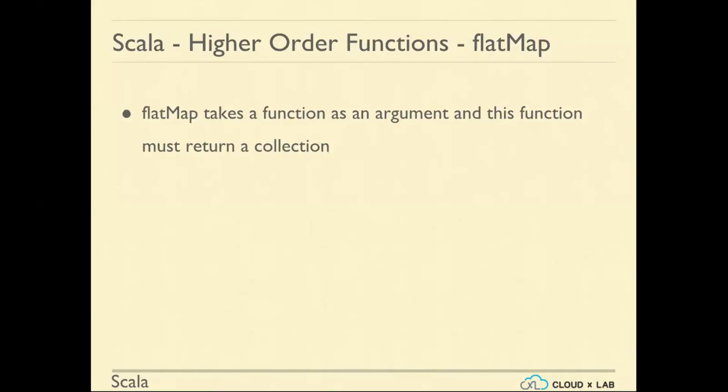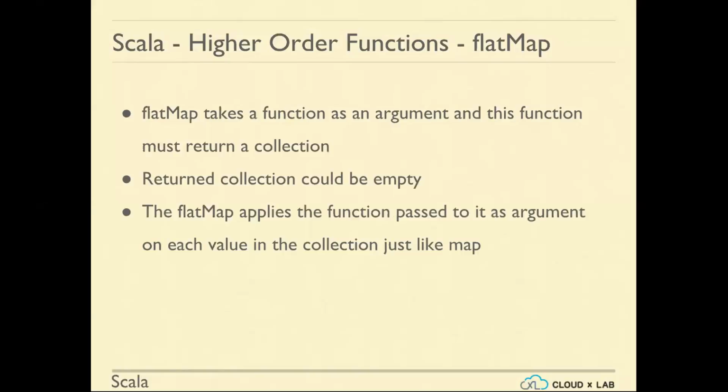In case of the map function, it can only return as many values as the input iterable has. While in case of flatMap, it can return more values. FlatMap takes a function as an argument, and this function must return a collection. This returned collection could be an empty collection, or it could have many values.